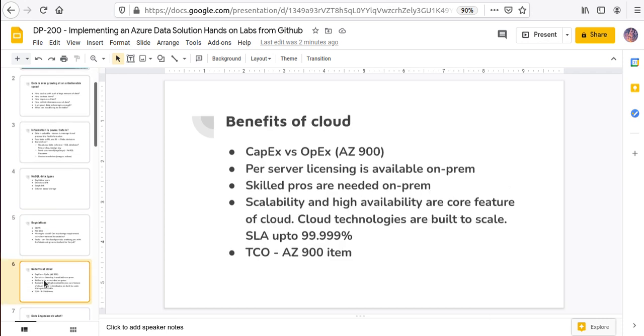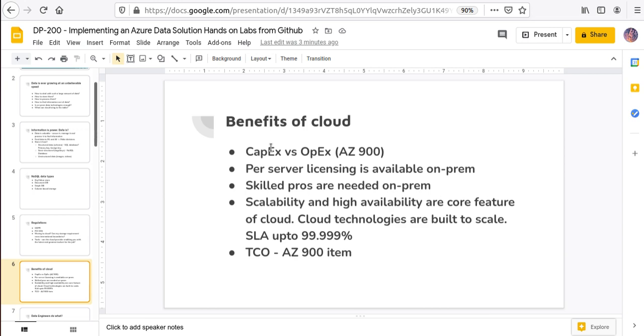So, some benefits of the cloud. This is really an easy DP-900 topic that you should already know. CapEx and OpEx. CapEx would be your on-prem expenditure type model, where you are investing a large amount of money at the very beginning.